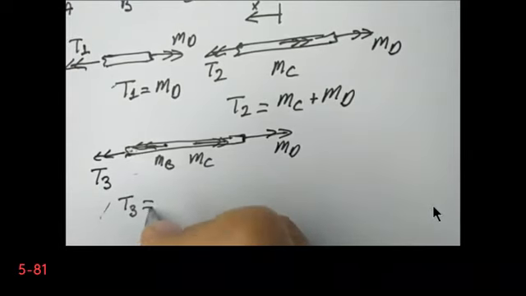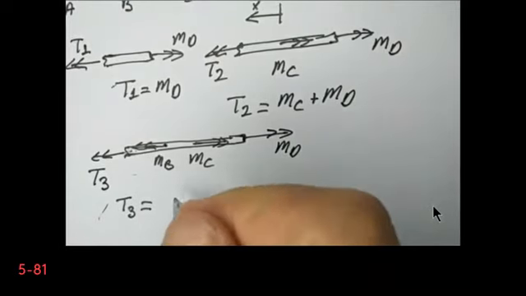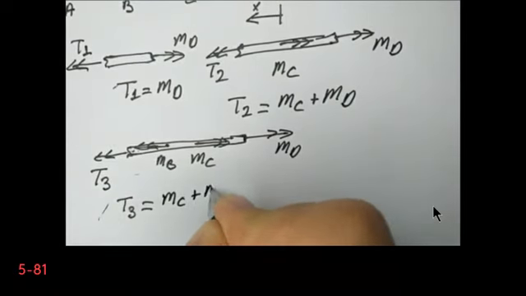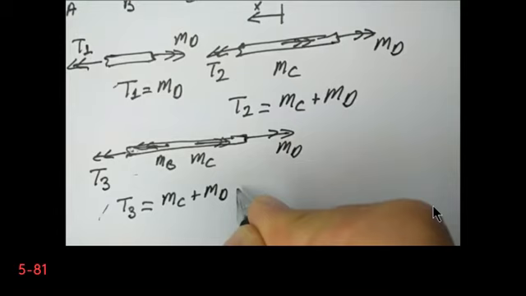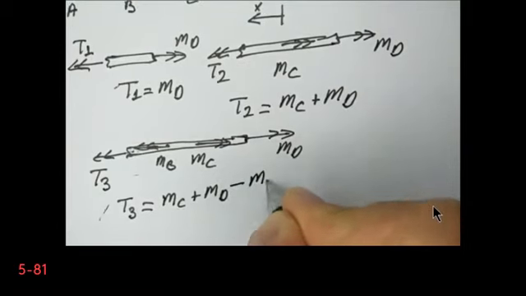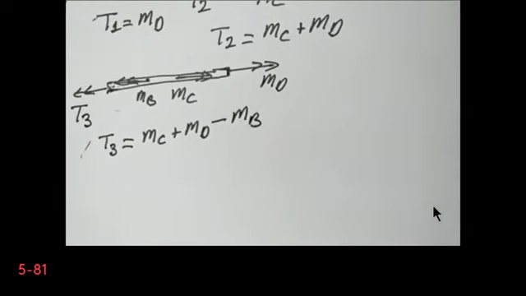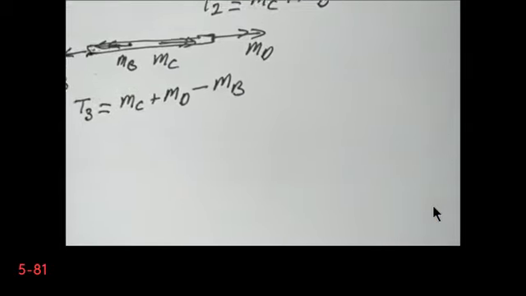Torque 3 is equal to MC plus MD minus MB. So these are my torques.